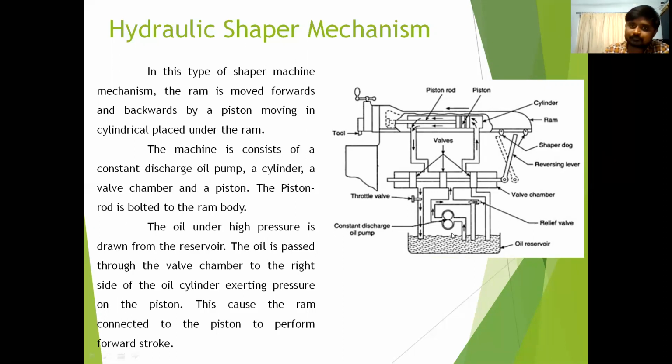This is the oil reservoir, this is the relief valve, this is the throttle valve, this is a valve chamber, these are the shaper dogs, and this is the reversing lever. If you need the forward stroke, first you switch on the pump, and automatically the oil will be pumped through this point, and the oil will move like this.